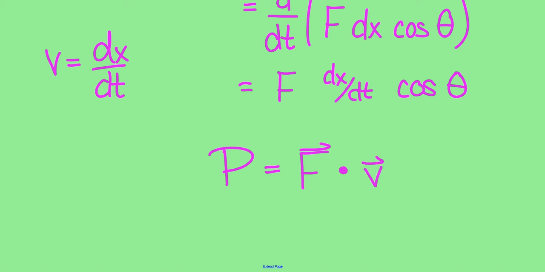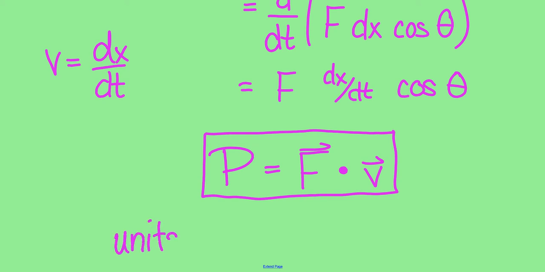Because remember, when we have the magnitude of one vector times the magnitude of another vector times the cosine of the angle between them, that's really just the dot product. So either of these two equations, power is dW/dt, or power is F dot v, can be used for calculating power, or again, the rate at which work is done.